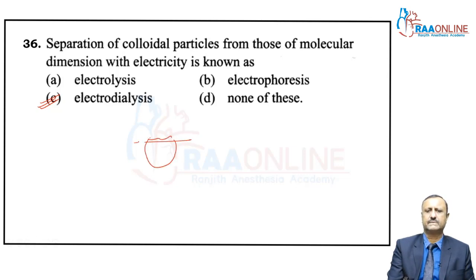You can see this picture, and we place the electrode, which is negatively charged. Colloidal particles are present, but positive cations come and are attracted towards this electrode.